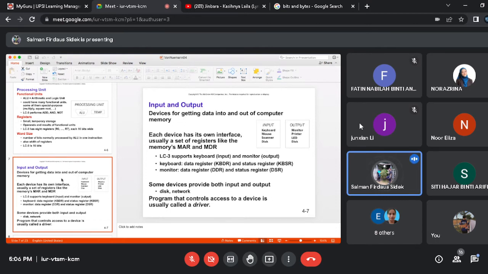For input, like the keyboard, it has KBDR and KBSR. KBDR stands for data, and KBSR stands for status. It does not refer to an address. Memory has an address register, but input and output have no address register. They have a status register. Why? Because input and output is not a memory. Please remember.